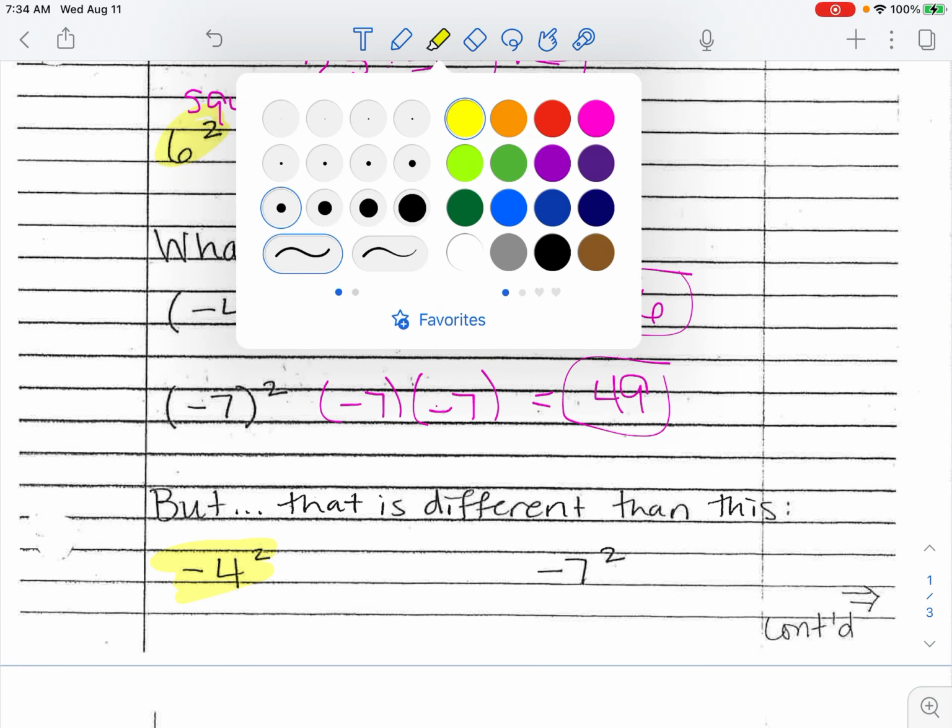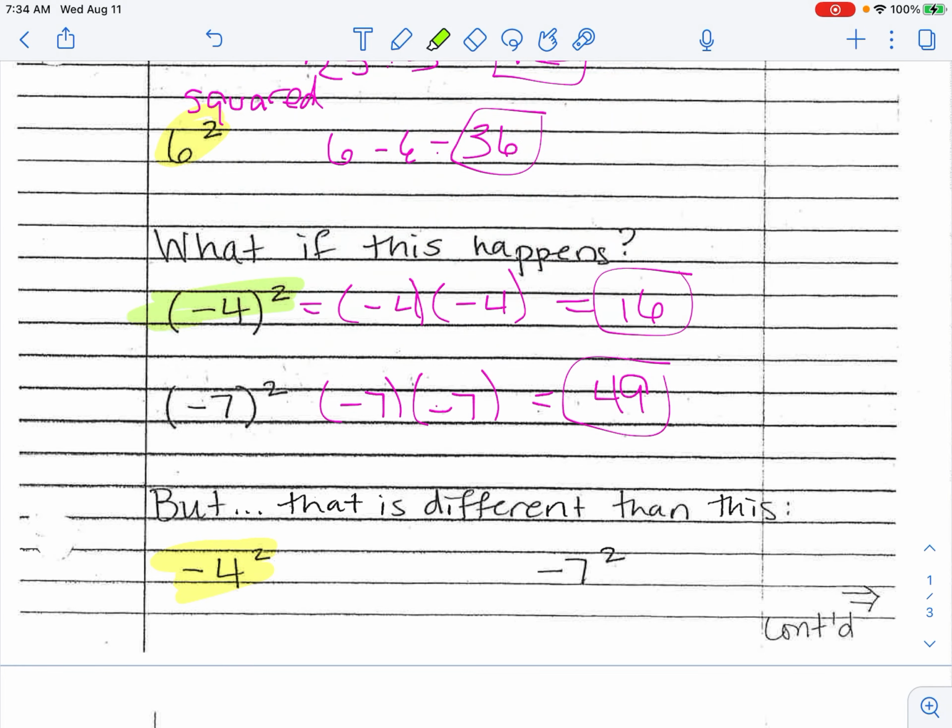So this versus that. Notice the one that we already solved had parentheses around the -4, and this one that we're looking at right now does not. If there are no parentheses around that, you're simply going to do 4 times 4, and we know that's 16.